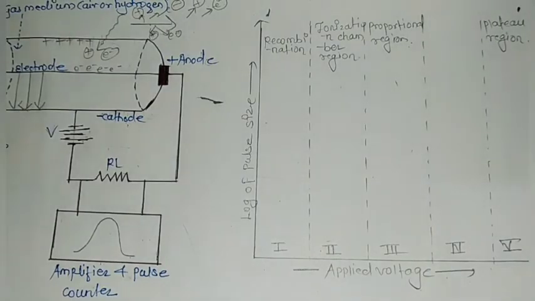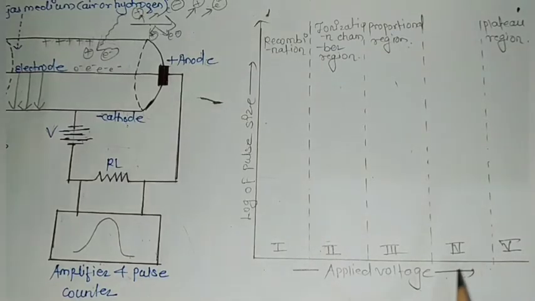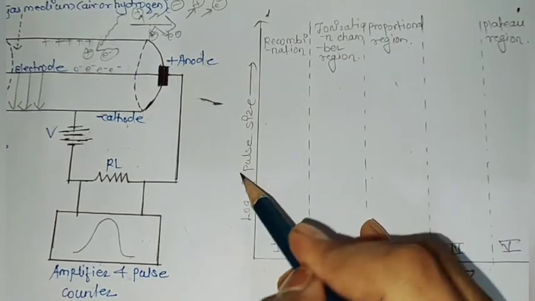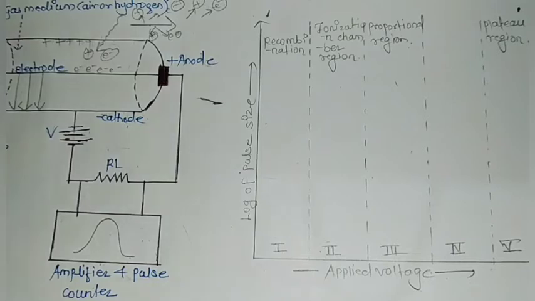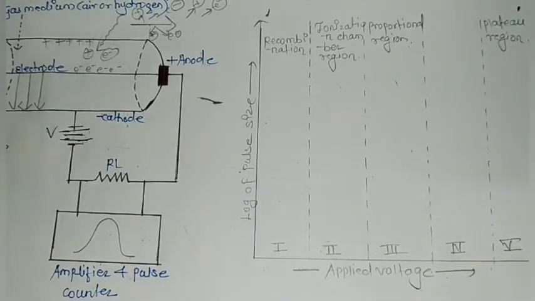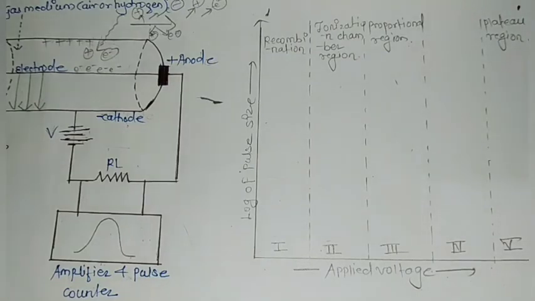Let's look at this graph. Alright, so in the x-axis you have the applied voltage of the battery, and in the y-axis you have the log of the pulse size. Now when the voltage is very low, in that case the electric field will be very low, and the electrons and the ions produced by the ionization will not experience a huge amount of acceleration.